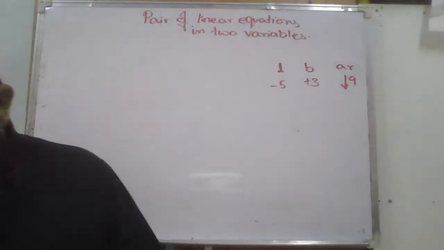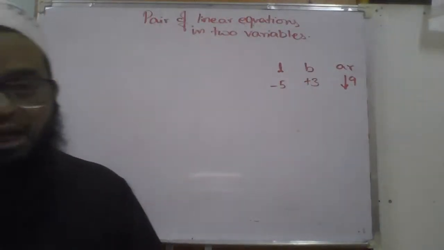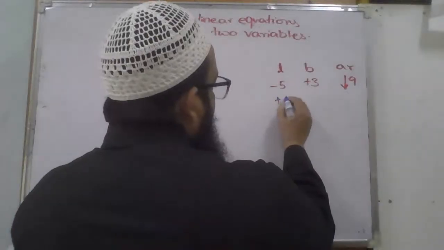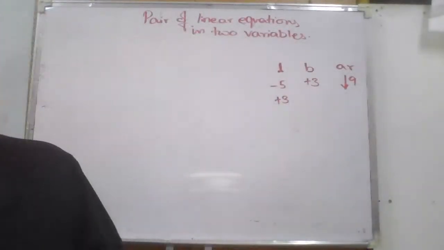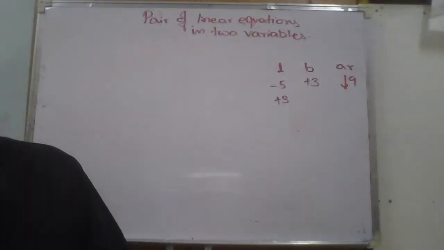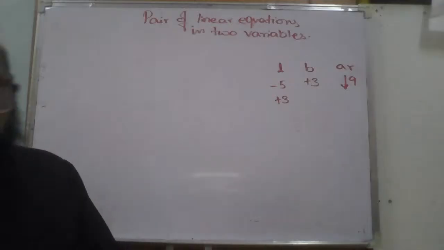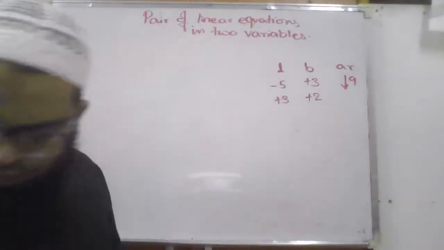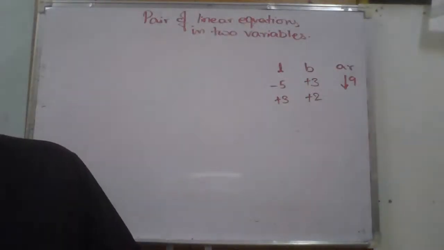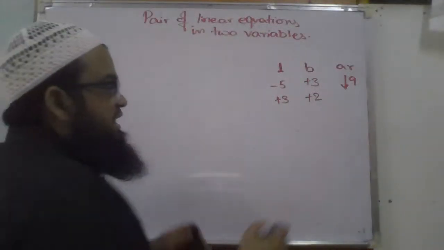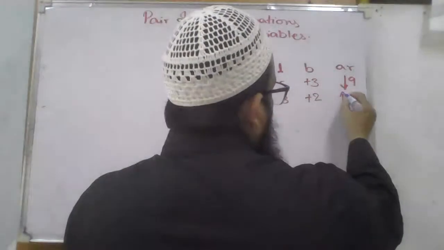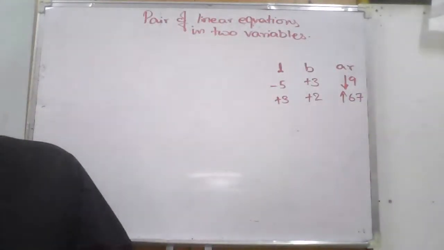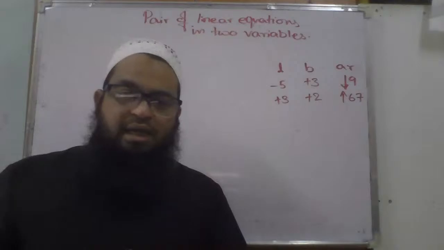And another case he has given, if we increase the length by 3 units and the breadth by 2 units, then what happens? The area increases by 67 square units. Find the dimensions of the rectangle.